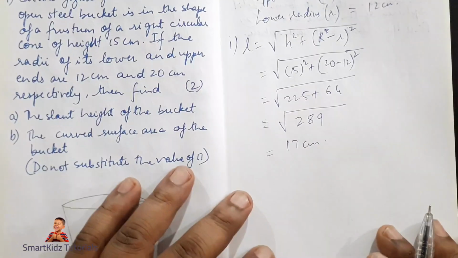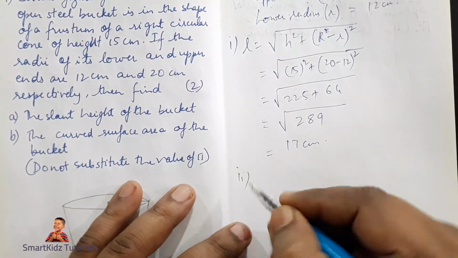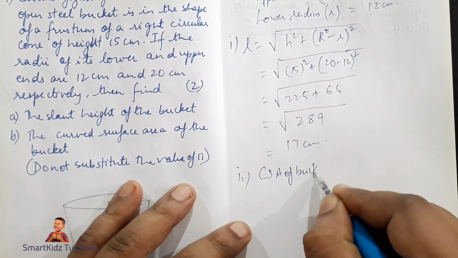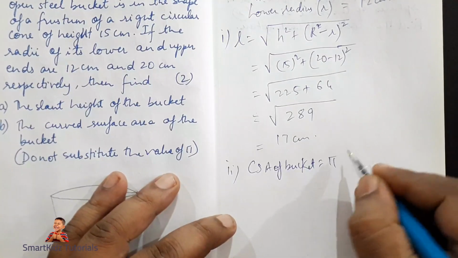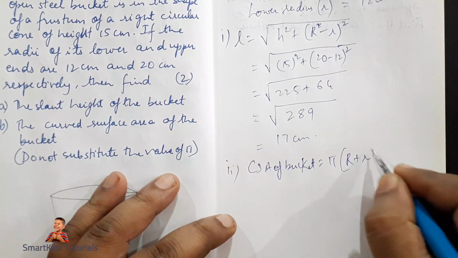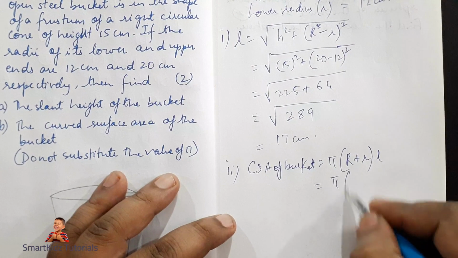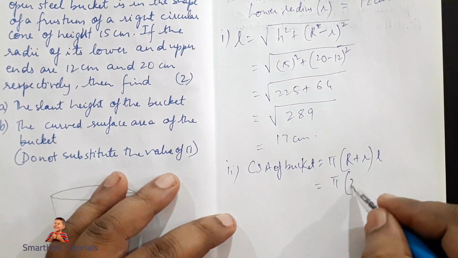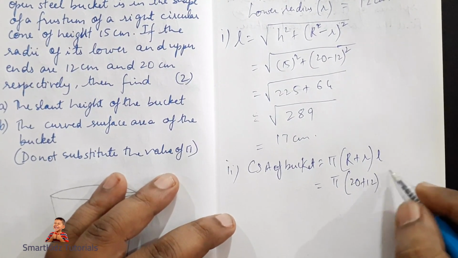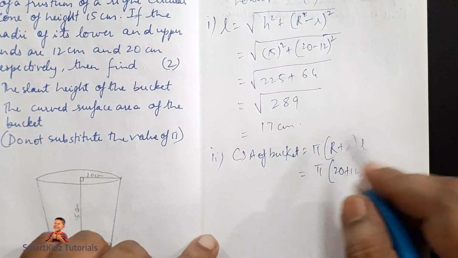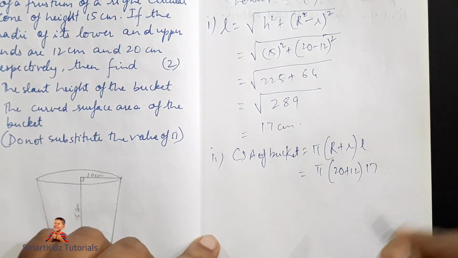Next we are asked to find the curved surface area of the bucket. The curved surface area of the bucket equals pi times (R plus r) times L. Pi again we don't substitute. R is 20, r is 12, and L, which we have just found out, is 17.